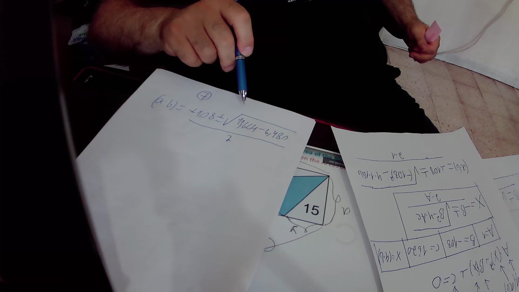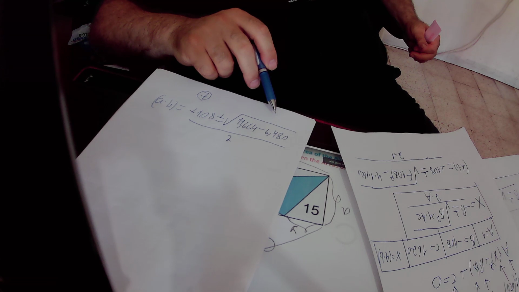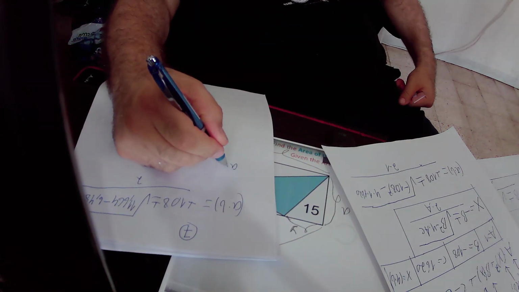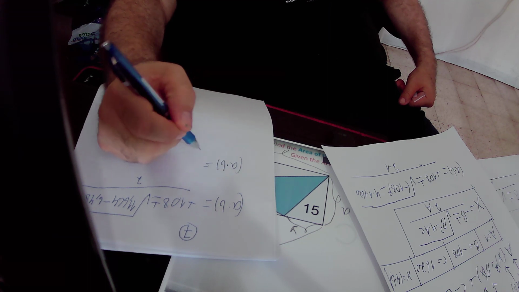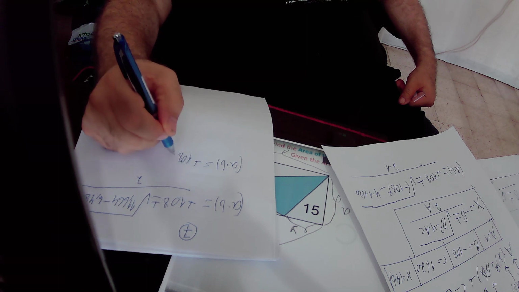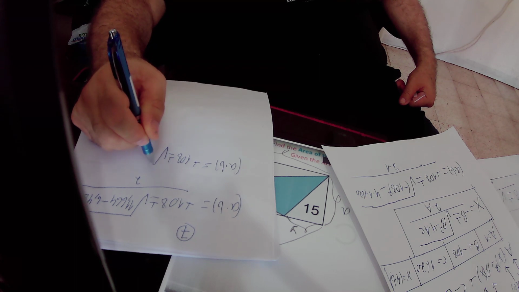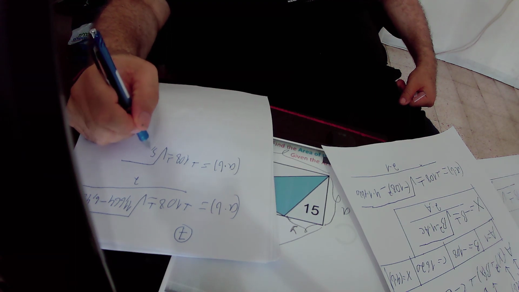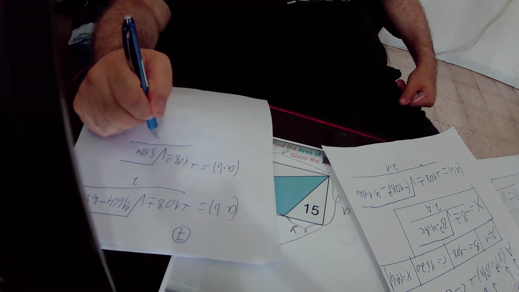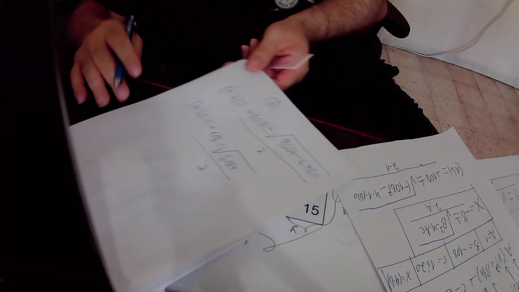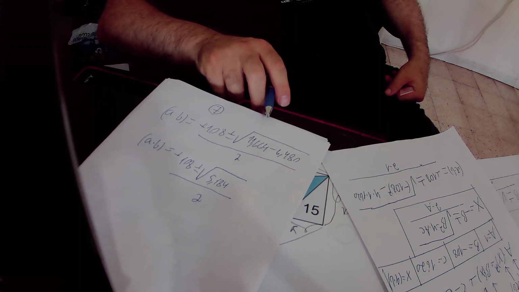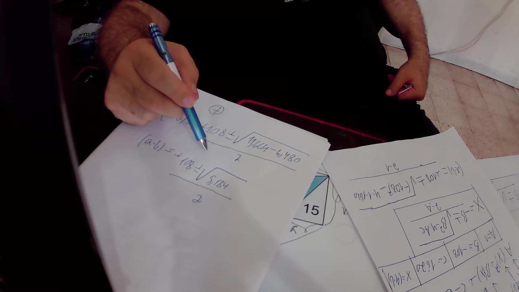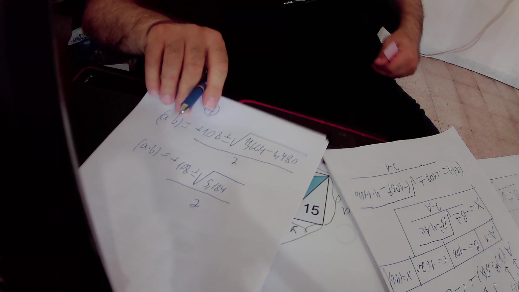So a times b equals plus 108 plus minus, so 11,664 minus 6,480 is 5,184, all divided by 2. 11,664 minus 6,480 equals 5,184, and the root of 5,184 is 72. So we will write it down.